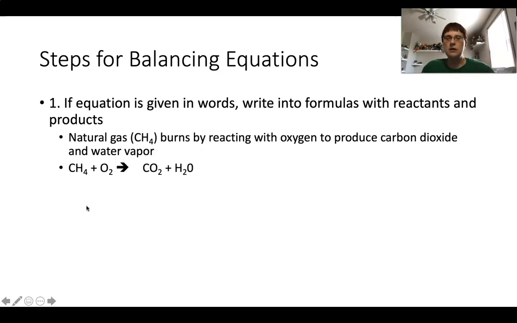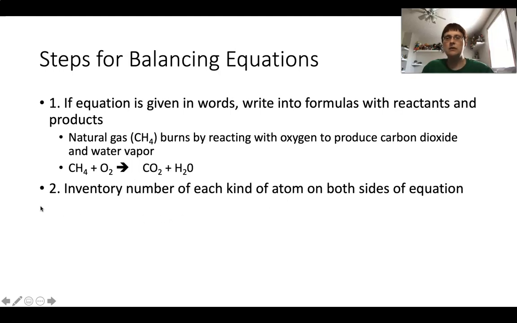So you write the equation out because it says that it burns by reacting with oxygen. That tells you that these guys are the reactants, so they go on that side of the arrow. And then produce, so those are the products, carbon dioxide and water. So we've got our equation. Sometimes you'll just have the equation, and that will let you keep going.